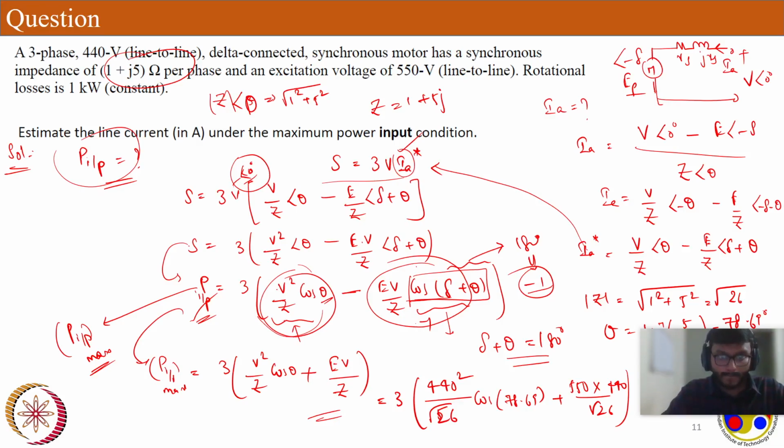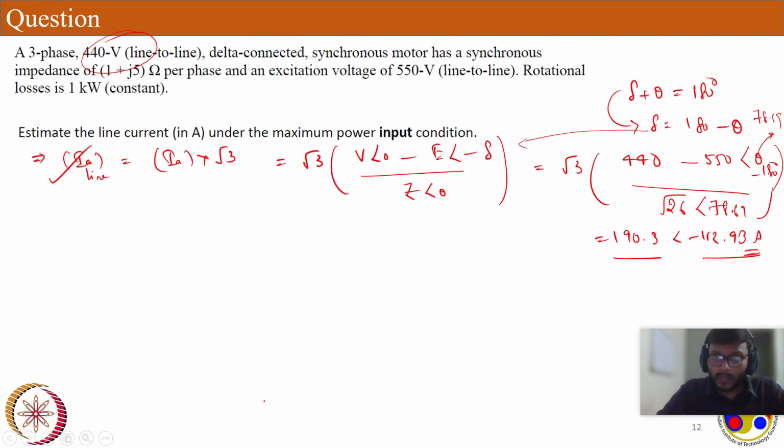Okay, now what I am getting is 164718.9 watts, it's about 164.7 kilowatts.